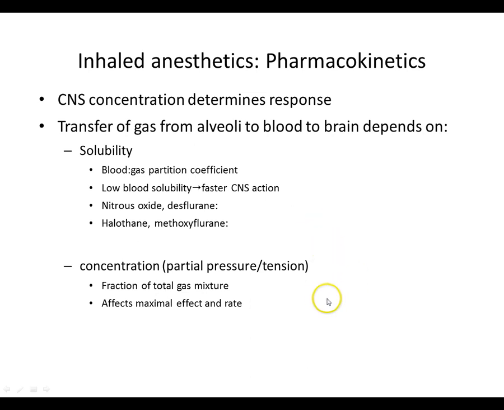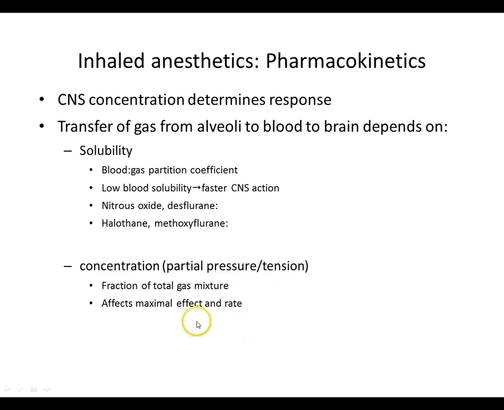The other way you control the speed of general anesthesia is simply by increasing the concentration. But again, the concentration of an inhaled drug is somewhat different. It's defined by the partial pressure of the gas in the air. And so this can be reported as a fraction of the total gas mixture. So you can have, for example, 50% nitrous oxide.